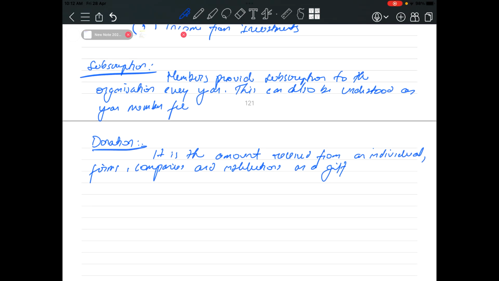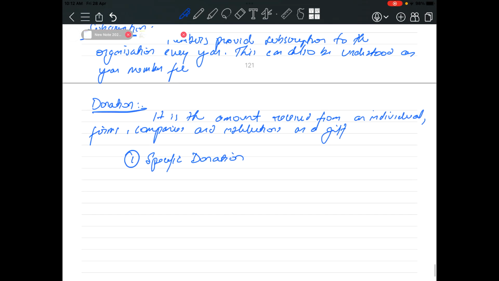Now we have to understand the types of donation. There are two types of donation. The first one is specific donation. What is this specific donation?